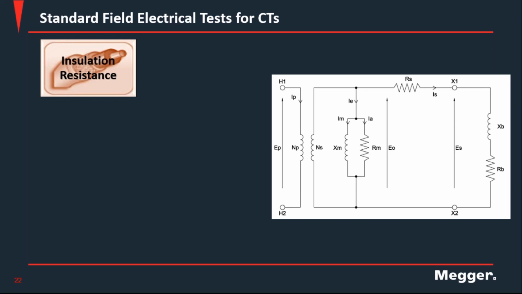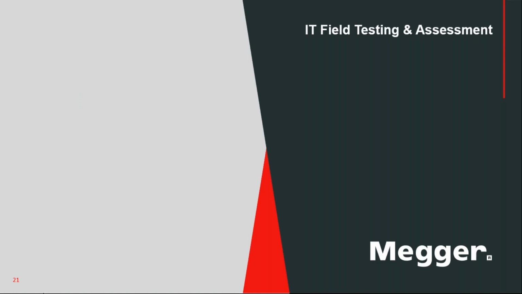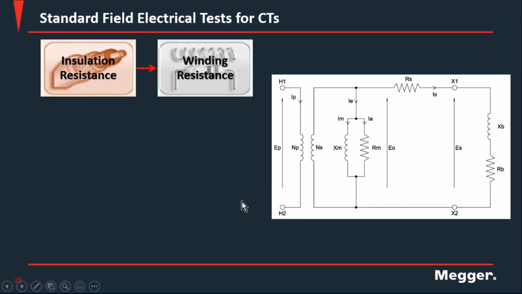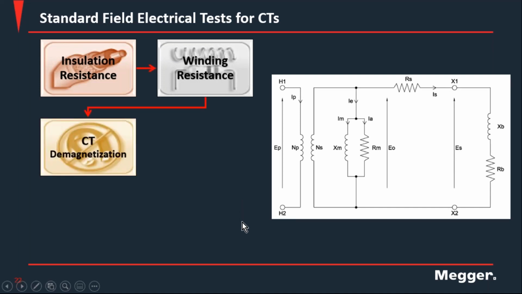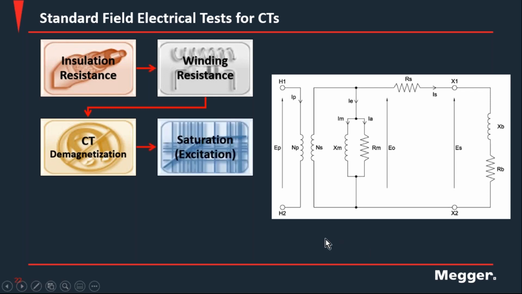So if Volney can help me show that slide where we describe the recommended sequence of measurements, you'll notice that the first two measurements are insulation and winding resistance, both DC based: one applies DC voltage and the other injects a direct current.